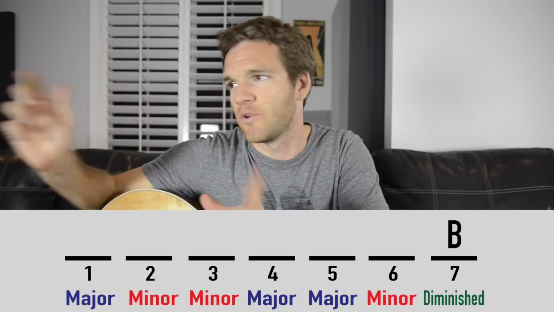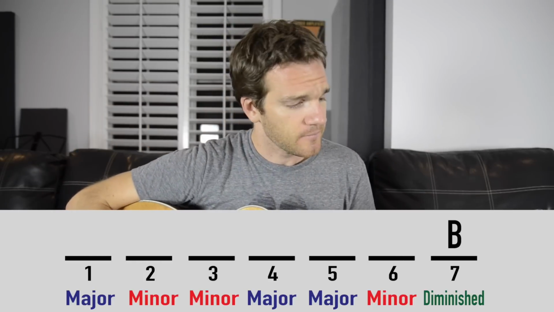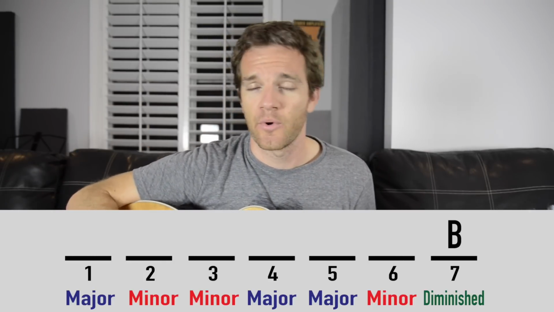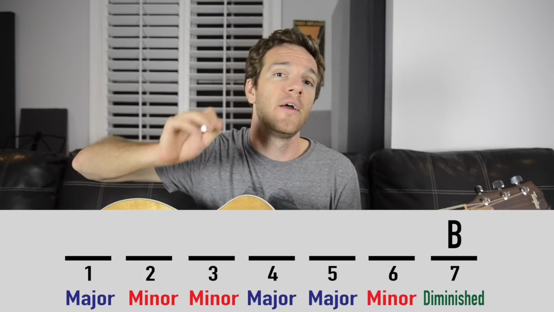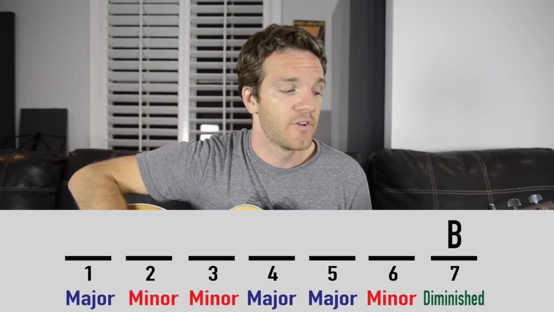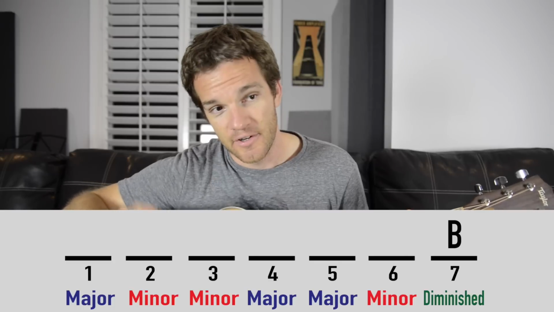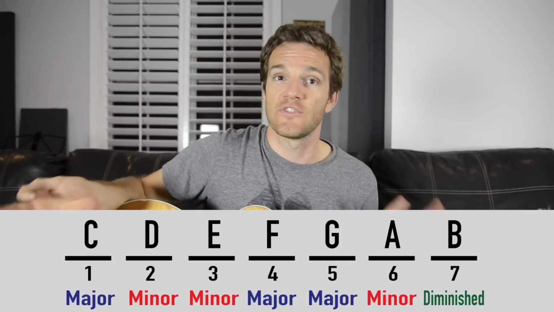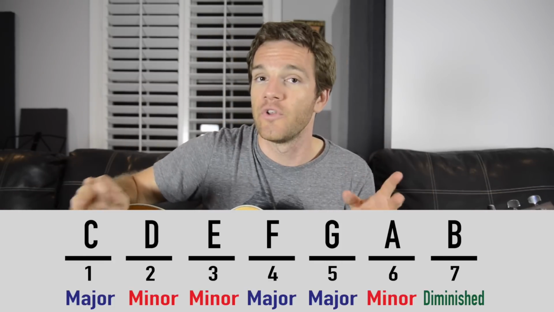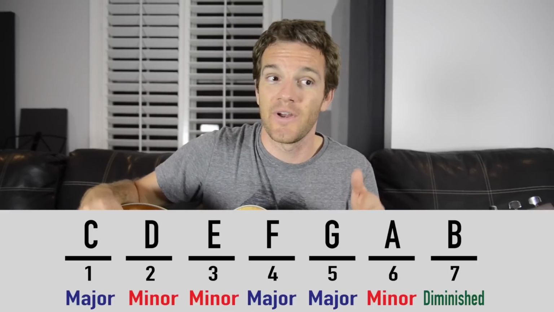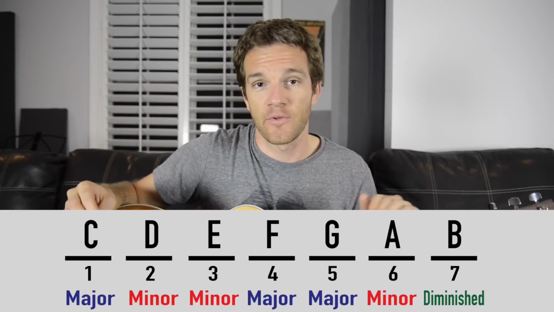You can go out of the key, you can add chords from other keys and stuff like that too. But if we see a diminished chord or a minor 7 flat 5 chord, we know that that's going to be the 7th note, so we just have to go up a half step to find the first note, which would be C. So B minor 7 flat 5 or B diminished only truly exists in one key where it's the 7. Again, it's just plugging those numbers in.